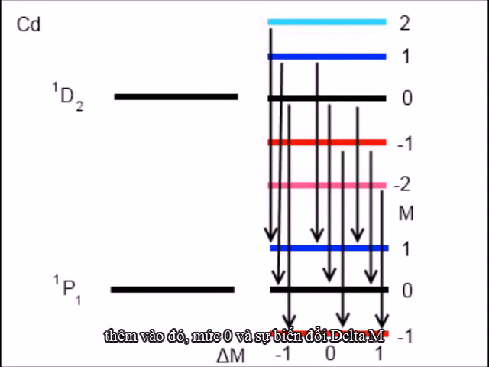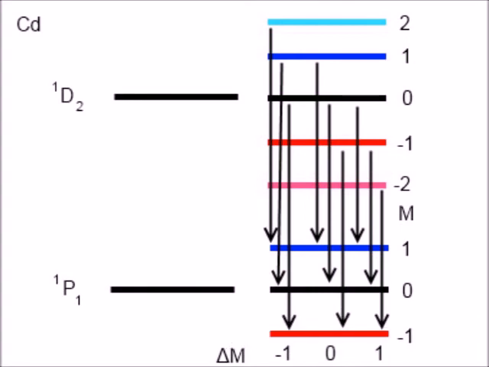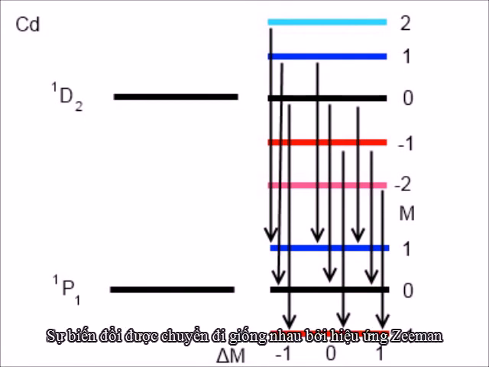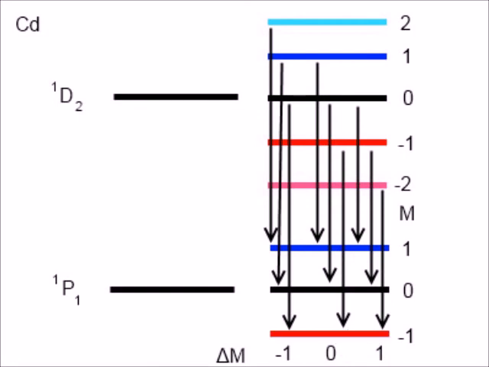In addition, the 0 and 1 delta m transitions combine to make a total of 9 separate transitions within the split m. Since the groupings of each delta m quantum number transitions are all shifted by the same amount by the Zeeman effect, these transitions will all have the same energy.